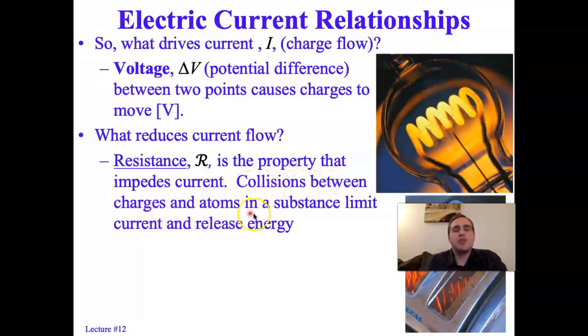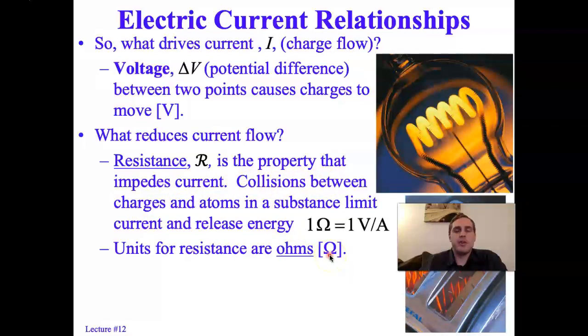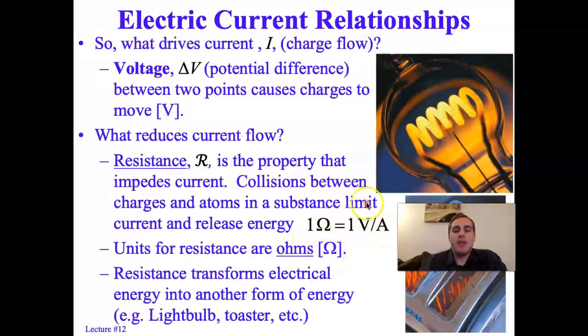Collisions between charges and atoms in a substance limit current and release energy. The units for resistance are ohms. I already mentioned that. One ohm is one volt divided by one ampere. And finally, resistance transforms electrical energy into another form of energy, like in a light bulb, a toaster, etc.